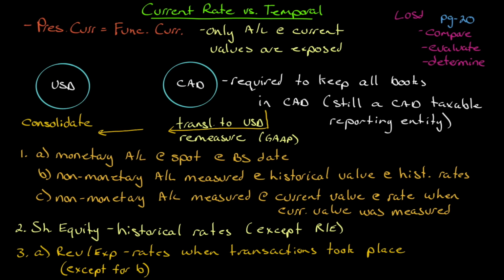All right, so the last scenario we did, the last screen we spent some time on, was where the foreign currency was the functional currency. Now, the presentation currency is the functional currency. In this situation, the entire investment is not exposed. Only assets and liabilities that are measured at current values are exposed, which means we could have a situation where you have net asset exposure or net liability exposure.